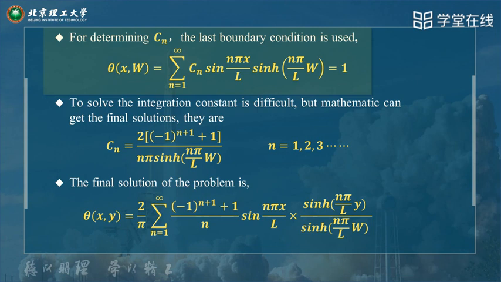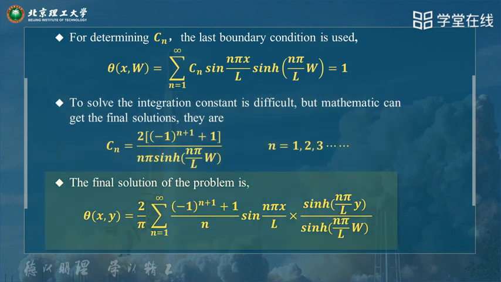It's the last one. To solve the integrating constant is generally difficult, but mathematics can get the final solution. Cn can be obtained mathematically, but it is generally very difficult.